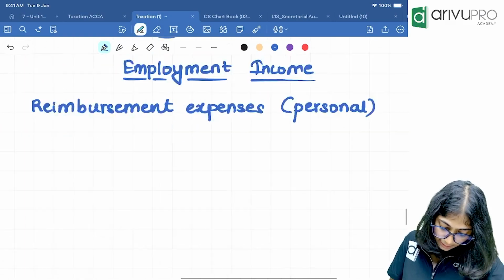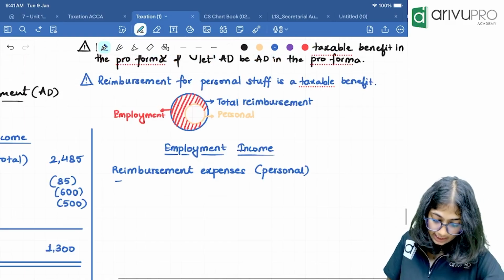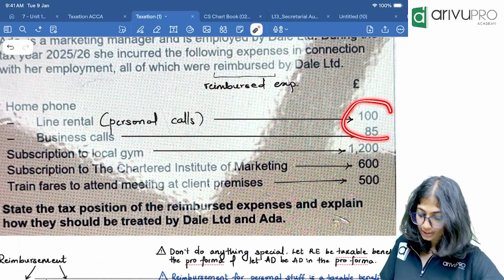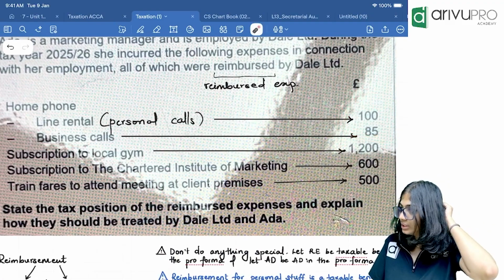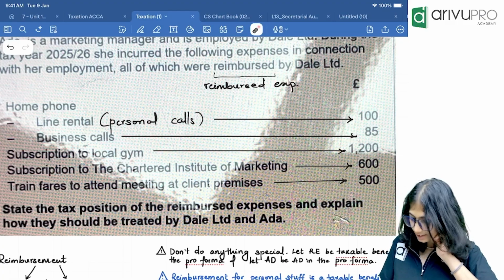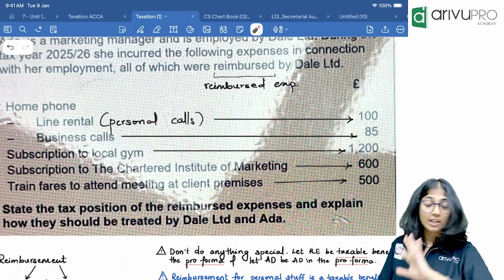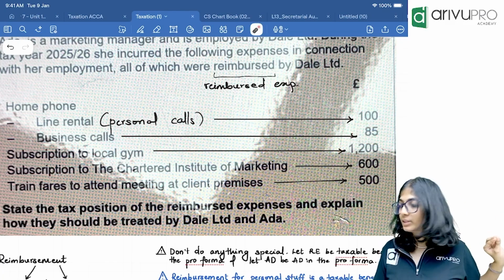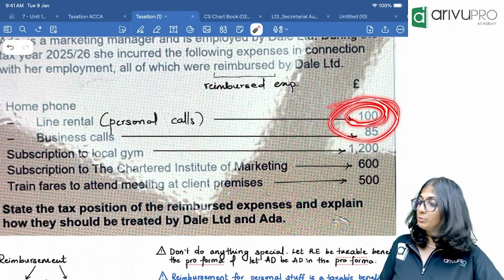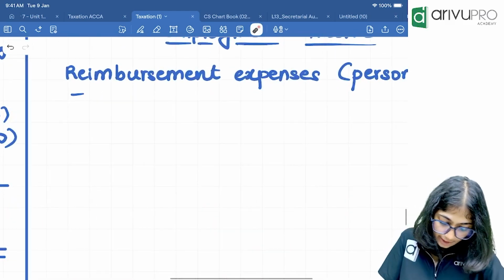So, what expenses will be relevant to personal? Let's see. Out of the home phone, out of 185 pounds, 100 pounds was your personal use. This is an allowable deduction, but here now we're not thinking about allowable deduction. Out of 185, 100 was personal use. For 100 you got reimbursement.